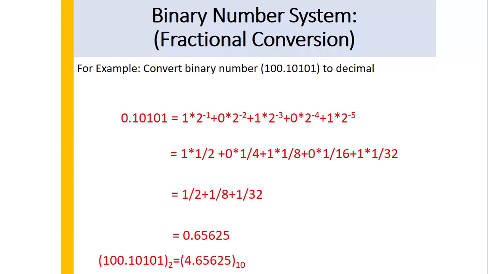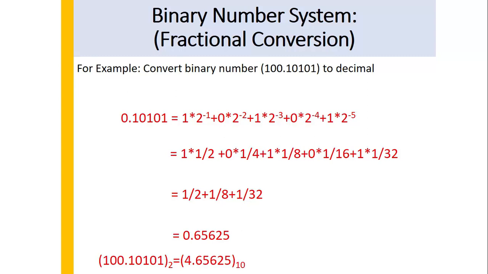We'll convert it back to decimal using a similar method to the one we used for normal numbers. There are a couple of differences: we start from the leftmost bit, the MSB, and raise the powers in negative of 2.